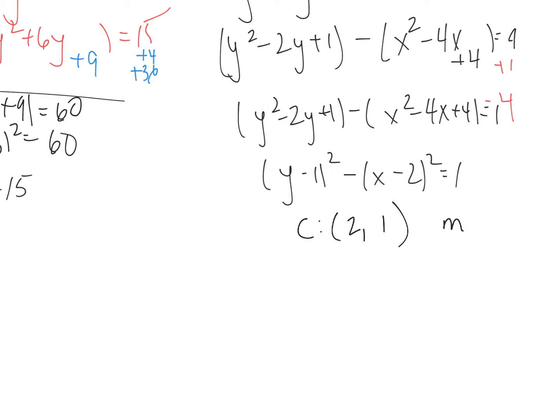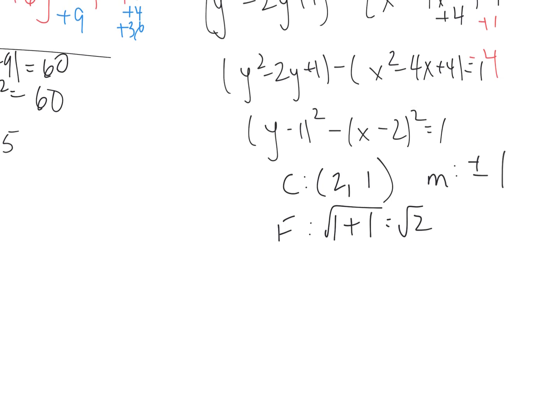My slope of my asymptotes is just plus or minus 1. It's actually quite nice. And my foci would just be the square root of 1 plus 1, so it's root 2. So again, for my center, since this hyperbola opens up and down, because the y is positive, the foci coordinates are going to be 2, 1 plus or minus root 2.